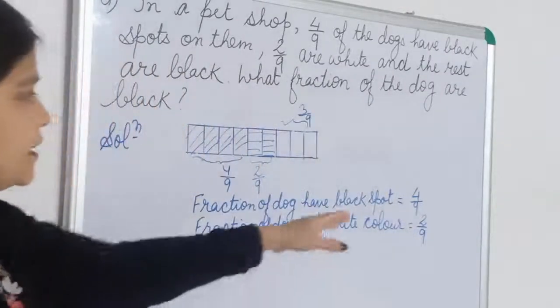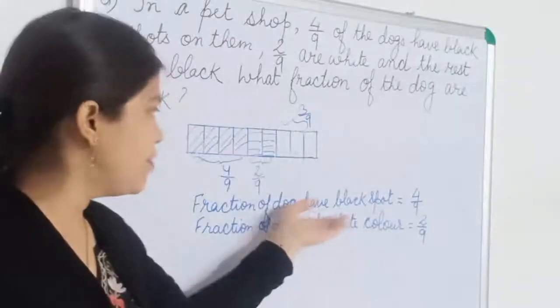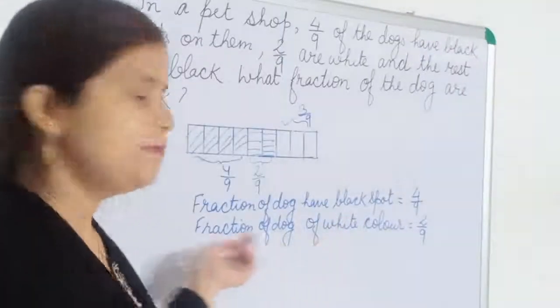Now first we will add these two fractions to find the dogs with black spots and white color.